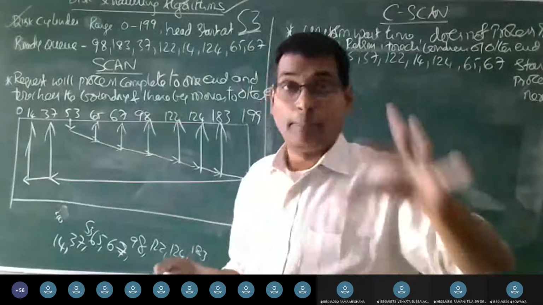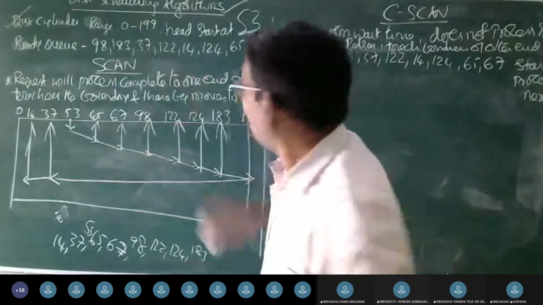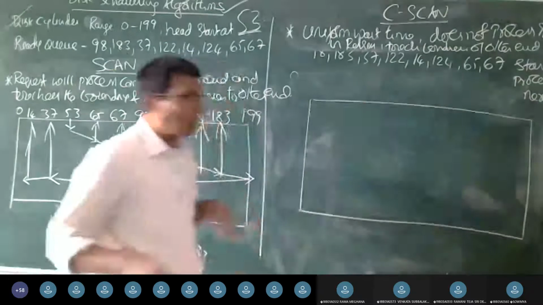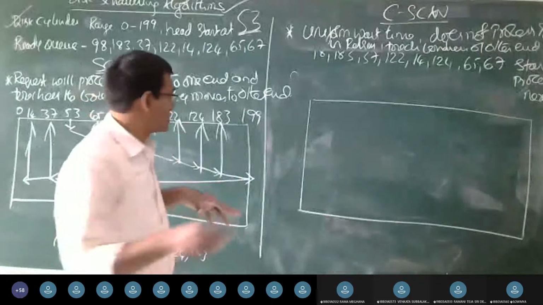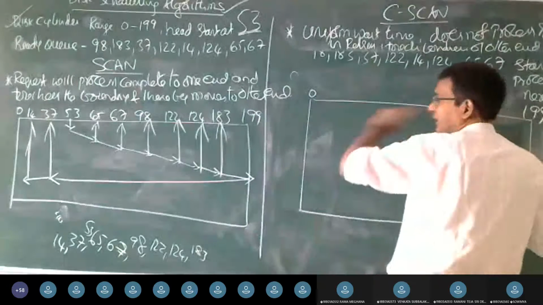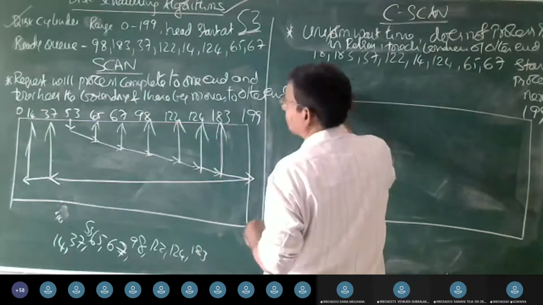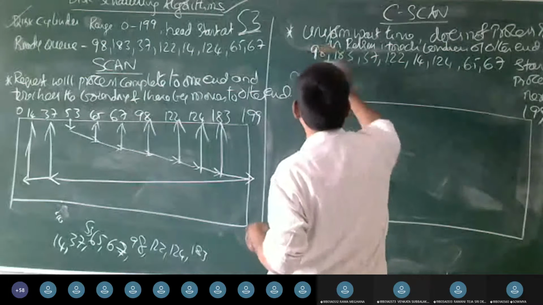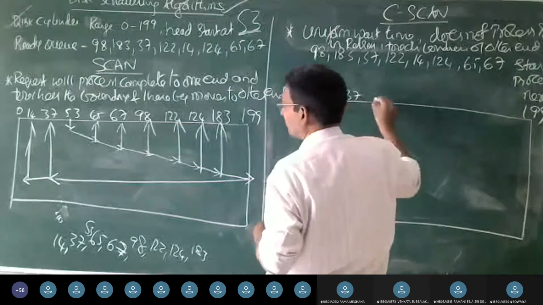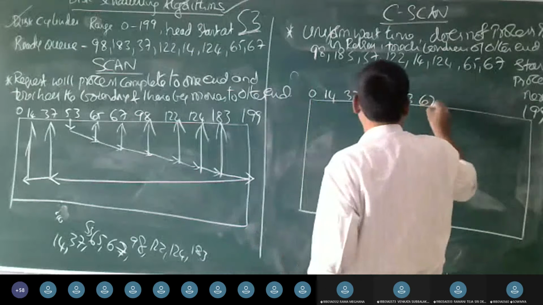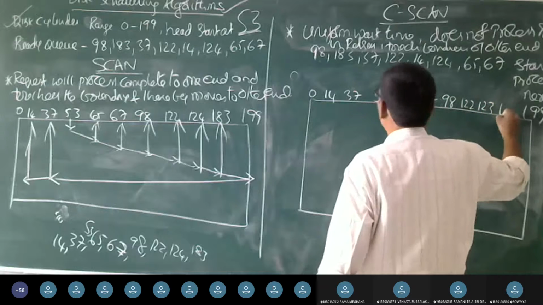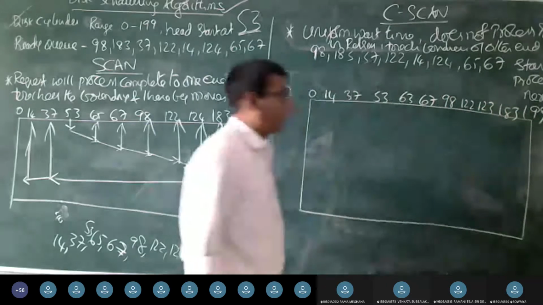Now, what is the working principle of C-scan? It is a very little modification of scan. First of all, I am going to have the items between 0 and 199. Then we are going to have the processing elements, that is 0, 14, 37, 53, 65, 67, 98, 122, 124, 183, followed by 199.